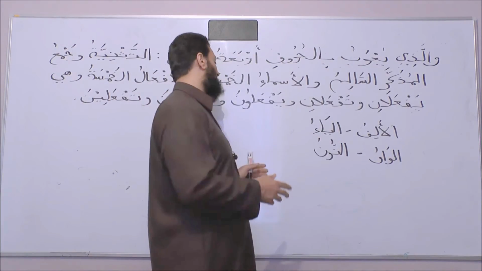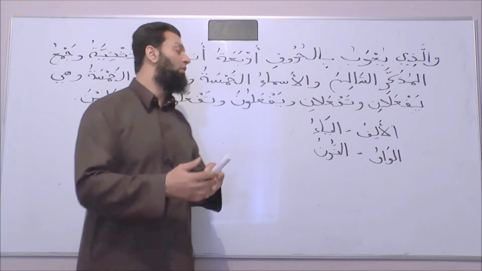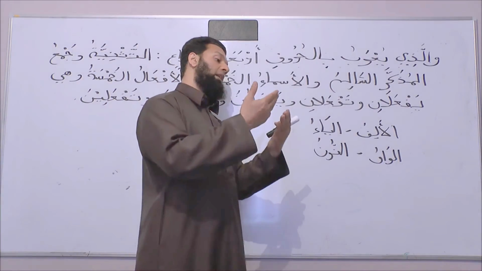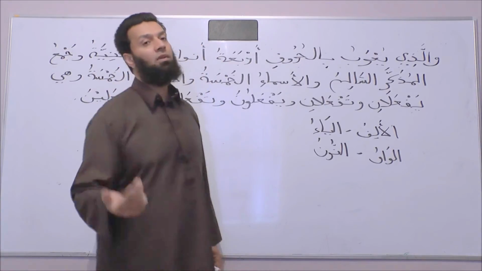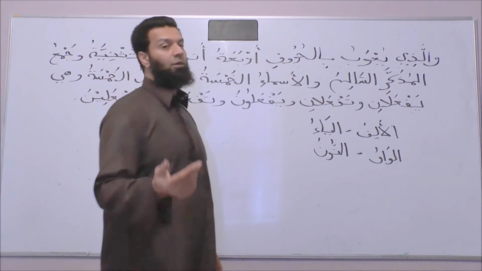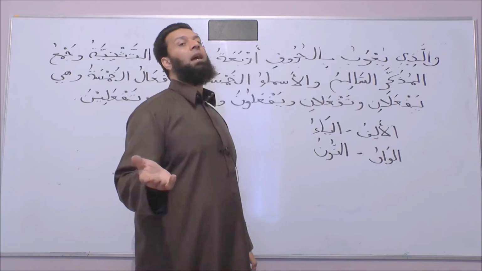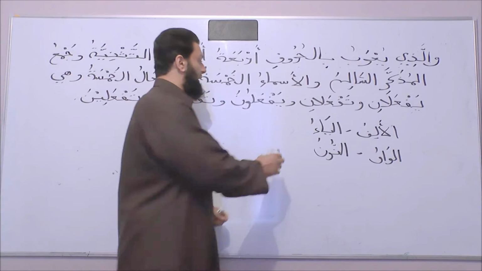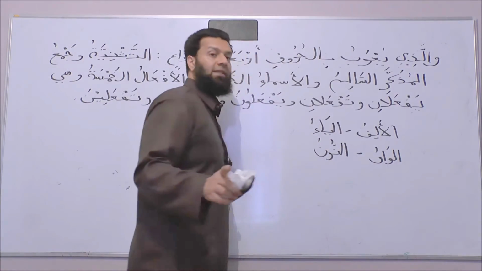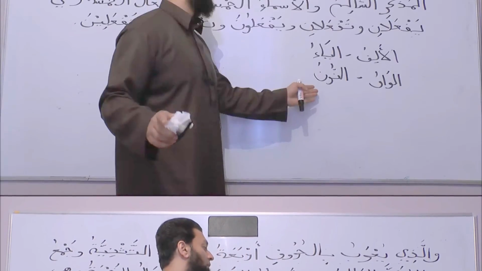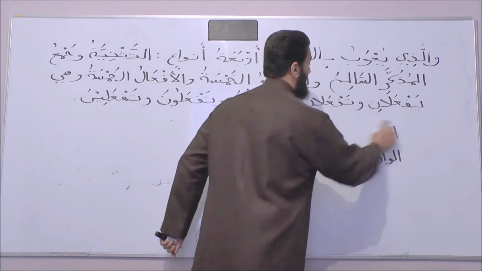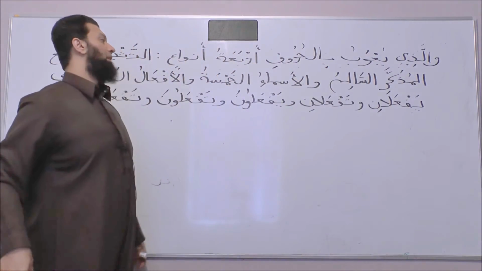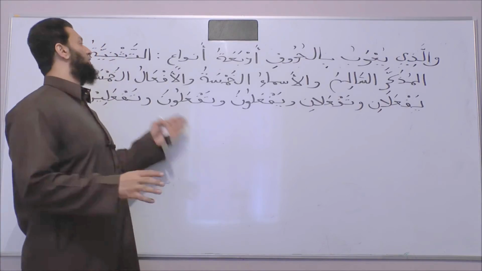We're going to mention this in greater detail later. We'd remove the noon, and then we would ask what is alamatu nasbihi or alamatu jazmihi. We would say hadhfu an-nuni. Right, so we have four letters: al-alif, wal-ya', wal-waw, wan-noon. Four letters in which i'rab can become manifest. Right, that's the introduction to these.